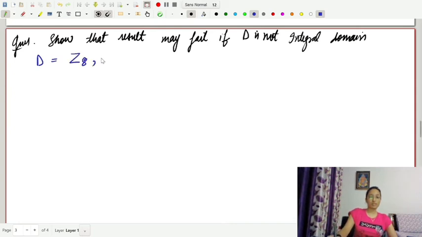For that we take D equal to Z8, addition and multiplication modulo 8, the elements 0, 1 up to 7.